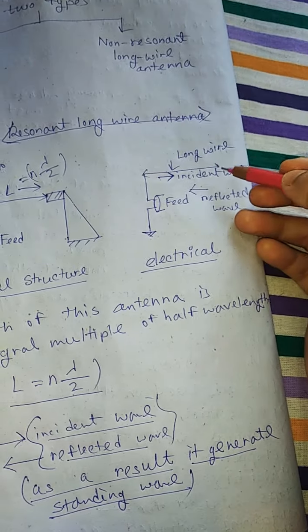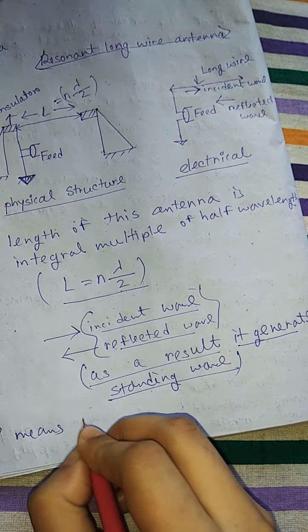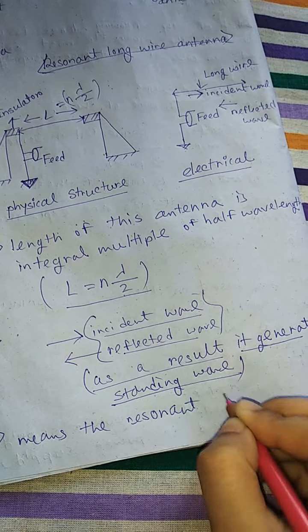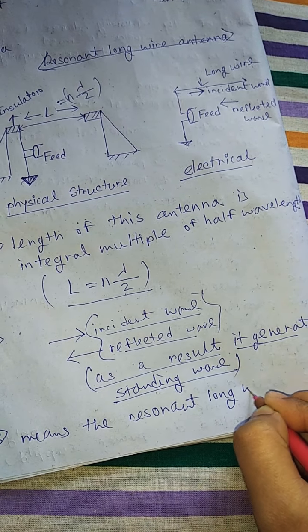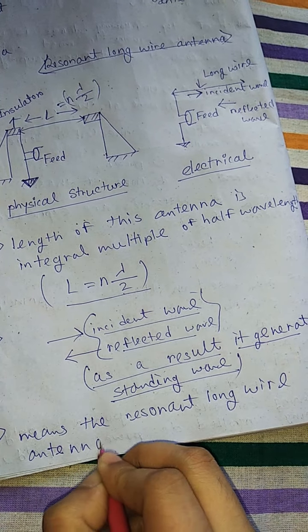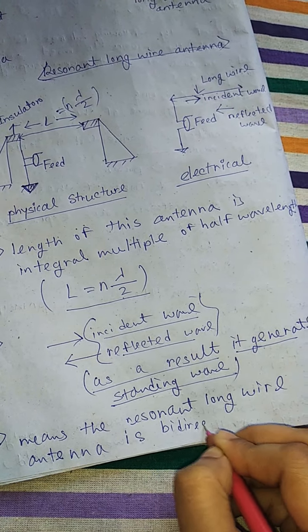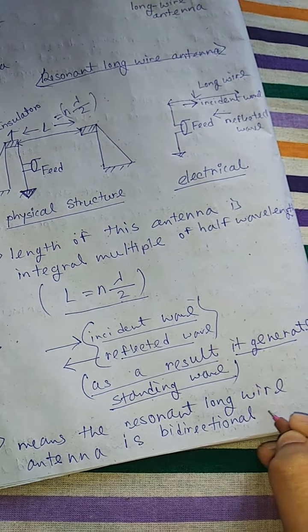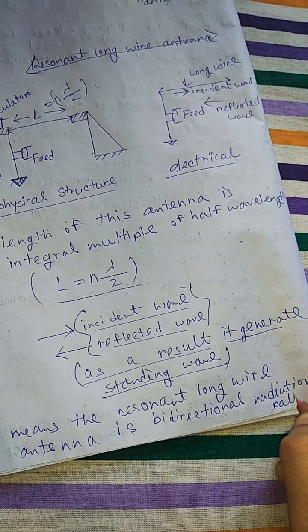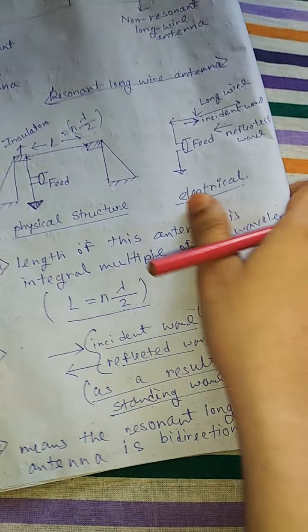So with the help of this opposite direction, the resonant long wave antenna has a bidirectional radiation pattern.